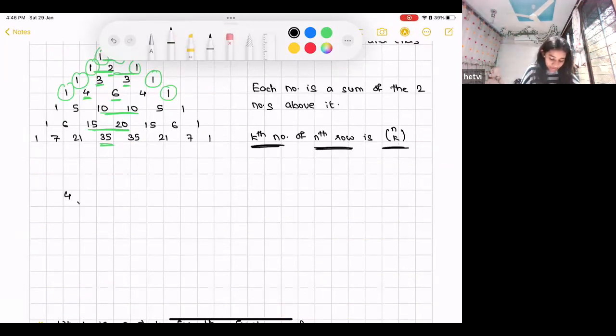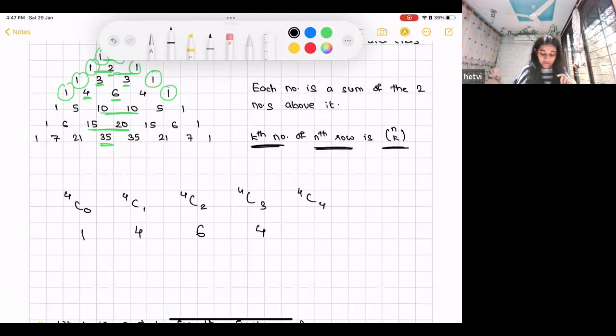We have 4C0, 4C1, 4C2, 4C3, 4C4. If you calculate 4C0, you get 1. If you calculate 4C1, you get 4. Here, you get 6, 4, and 1. If you just write down the factorials and multiply and divide, you get this as the answer. And this is the 4th row: 1, 4, 6, 4, 1.